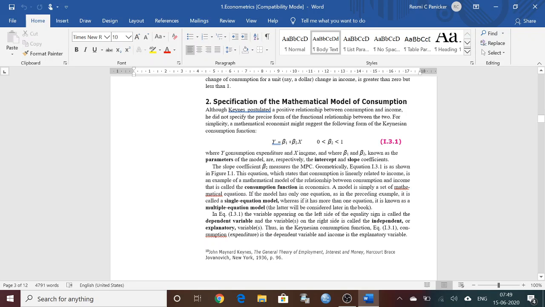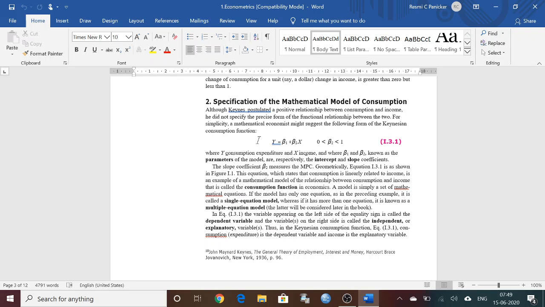Okay, so one thing you have to note down here: mathematical relationship, or mathematics, always shows an exact relationship, right? That means 2 plus 5 is equal to 7. There is no other answer. 2 plus 5 is equal to 7. Always it is 7.